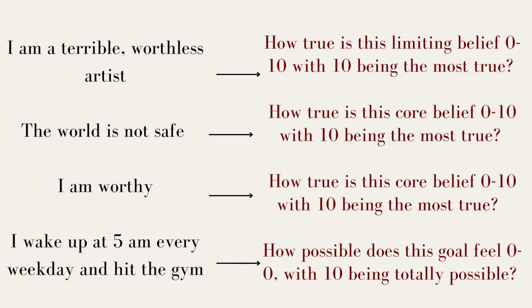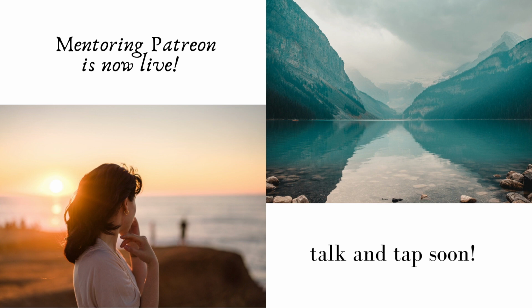Okay, so your goal, as a practitioner, would be to increase that possibility to a 10 out of 10, meaning that 10 out of 10 is like it's going to happen, no doubt about it, right? The closer it is to 0 in this example, the more doubt there is at the possibility that this goal will be achieved.